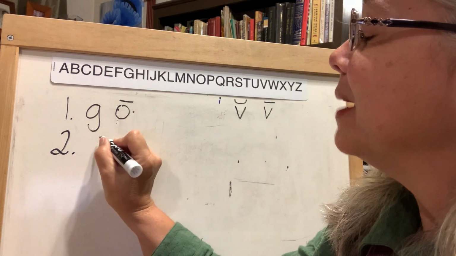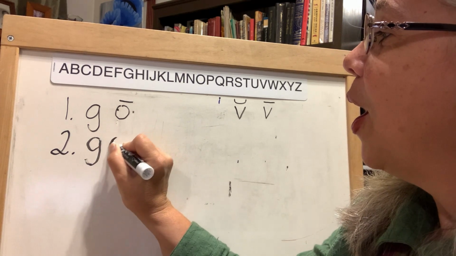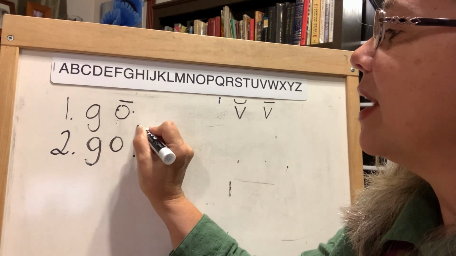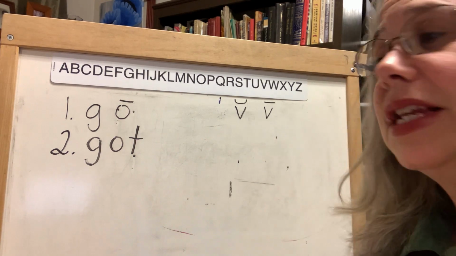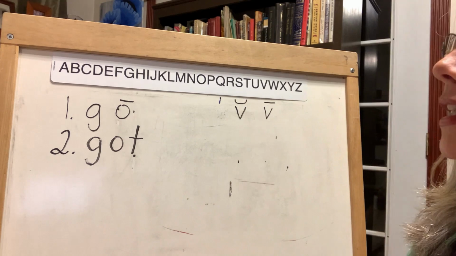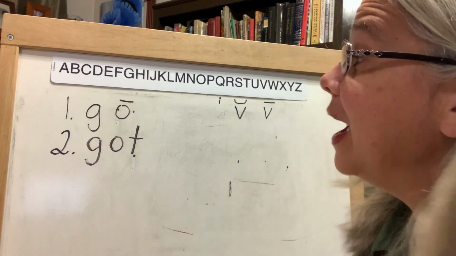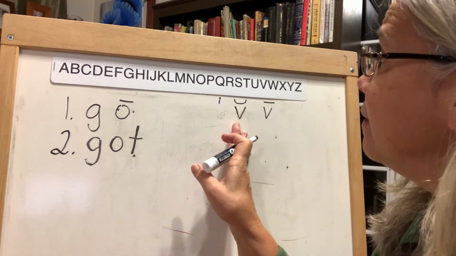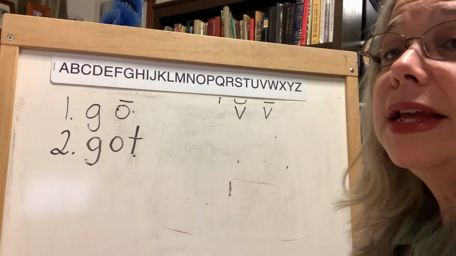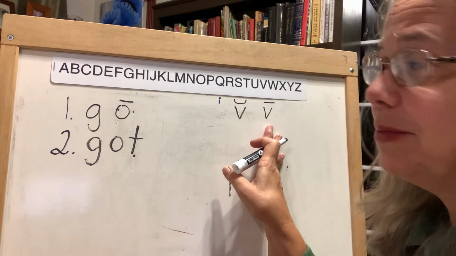Let's write that same first 2 letters, G, O, and then let's write a T at the end of it. G-O-T. Now, let's look at our vowel. Which letter's the vowel? Right, it's the O again. Now, we're going to either code it with a breve or a macron, depending if it's in a closed syllable or an accented open syllable.